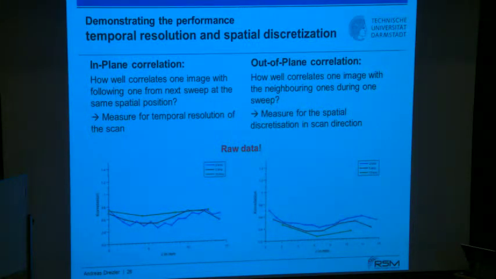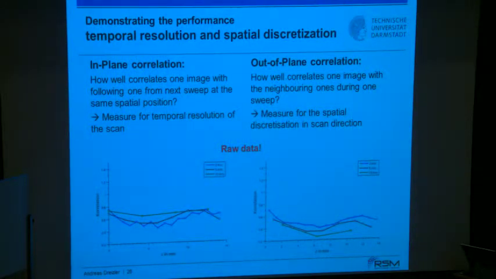then you have a very high resolution, meaning that the correlation value would be 1. But if the resolution out of plane is not good enough, or not perfect, then you have a correlation which is lower than 1.